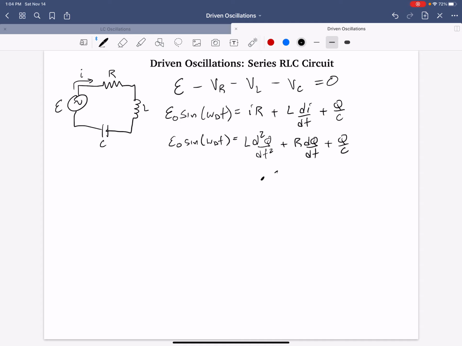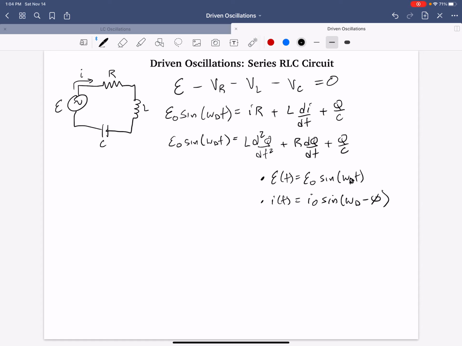The first, I'm going to draw it here, is that the EMF is a function of time and has the form that I wrote above. It looks like a P, but it's the driving frequency omega. Secondly, the current, I of t, has this general form.